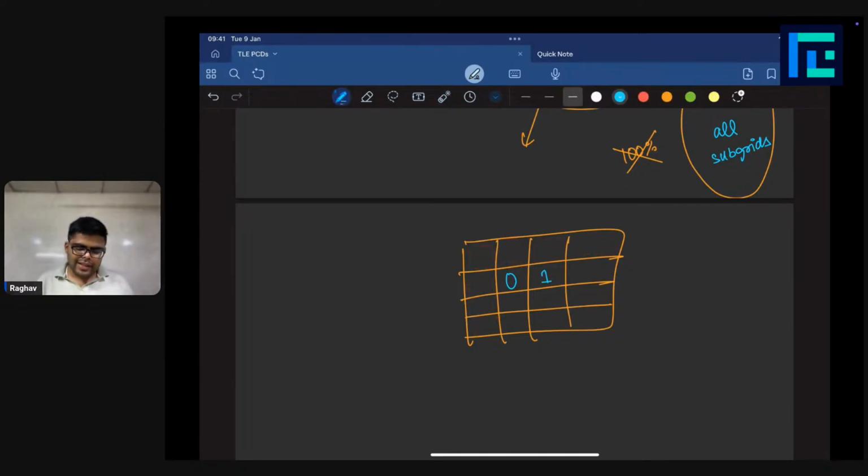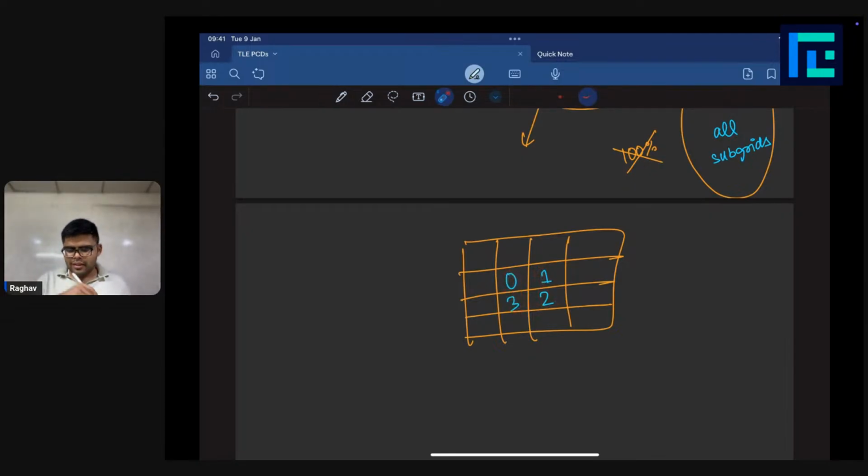And eventually I realized that if I place them in this order, 0, 1, 2, and 3, this is the exact same as putting them as 0, 1, 2, 3 in the other arrangement, because any subgrid that is having 0, 1, and 2 will always have 3. Whether I have 0, 1, 2 like this, in that case this guy will always come. Or if I have it like this, then in that case also this guy is always coming. So I can have 0, 1, 2, 3 in this way also.